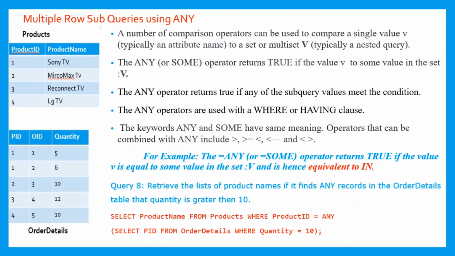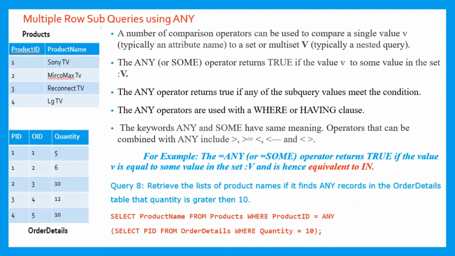The ANY or SOME operator returns true if the value v equals some value in the set V. The ANY operator returns true if any of the subquery values meet the condition.